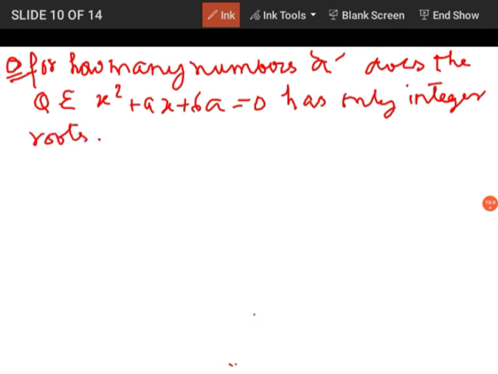A question from integer roots has come in front of you. Use the concept that I taught you, that is, the discriminant is a perfect square. Pause the video and try to solve this.